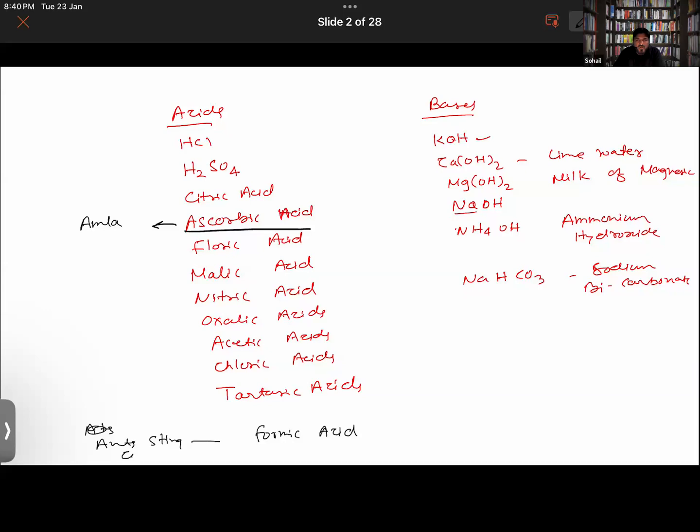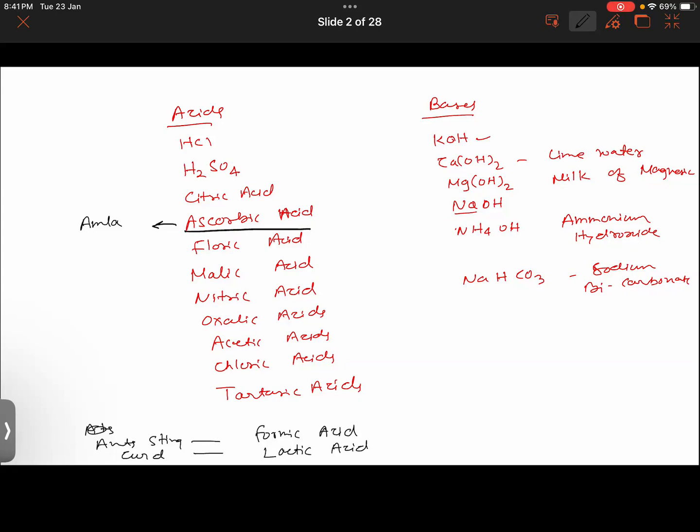In curd, which acid is found? It starts from L. The lactic acid, right? That is the acid found in it. And the bacteria found in the curd is lactobacillus, right?